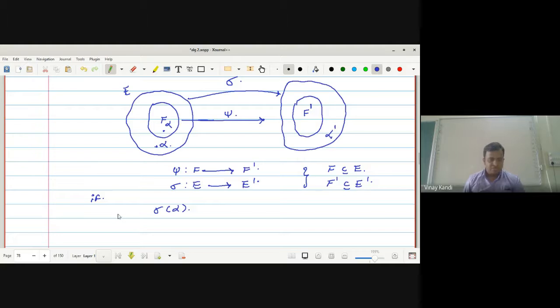Now, if sigma of alpha is equal to psi of alpha for all alpha belonging to F, then we can say that the isomorphism sigma from E to E dash is called the continuation of the isomorphism psi from F to F dash.